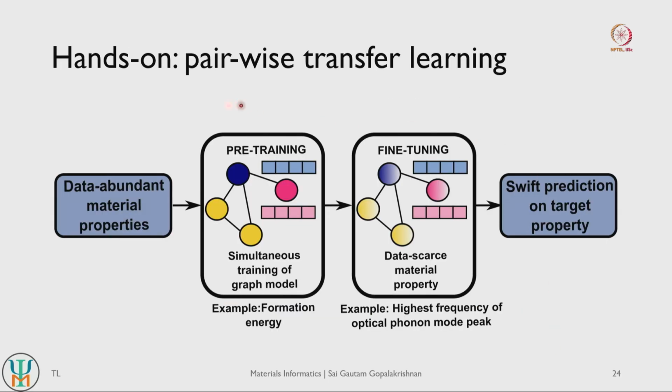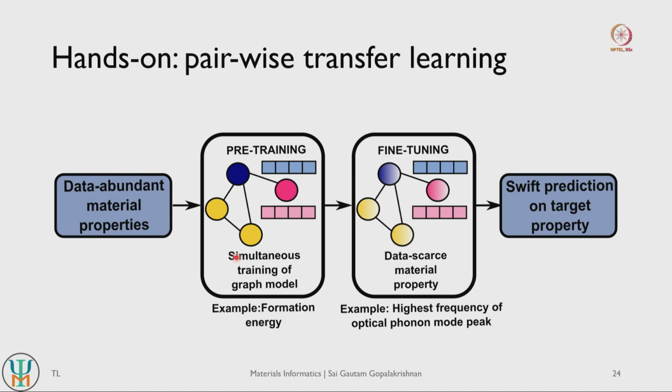So within our hands-on session, which will follow this lecture, we will do a simple pairwise transfer learning exercise using the Align architecture that has been introduced in this lecture. We will do a simple example of pre-training on formation energy, and we will do fine tuning on the phonon frequencies, right. So we will try to understand how to do pre-training in practice, and also how to do fine tuning in practice.